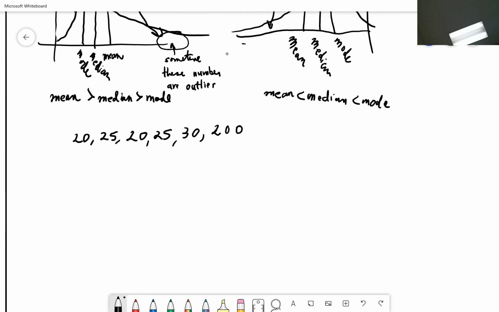So if I were to do an average of this, we're going to do the mean. 20 plus 25 plus 20 plus 25 plus 30 plus, let's just make it egregious, 2,000. His dad hooked him up with $2,000. Something ridiculous like that.